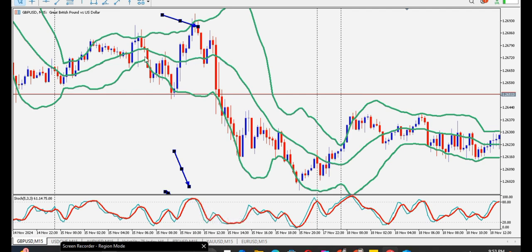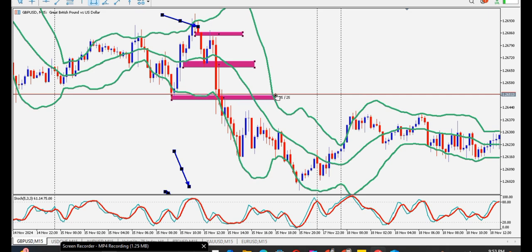A sell in the market. And if you took your trade right here at this next candle, you probably took your profits at the next level.